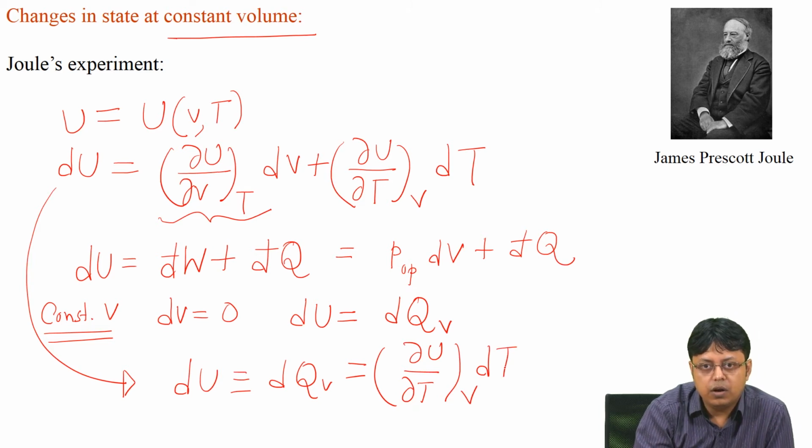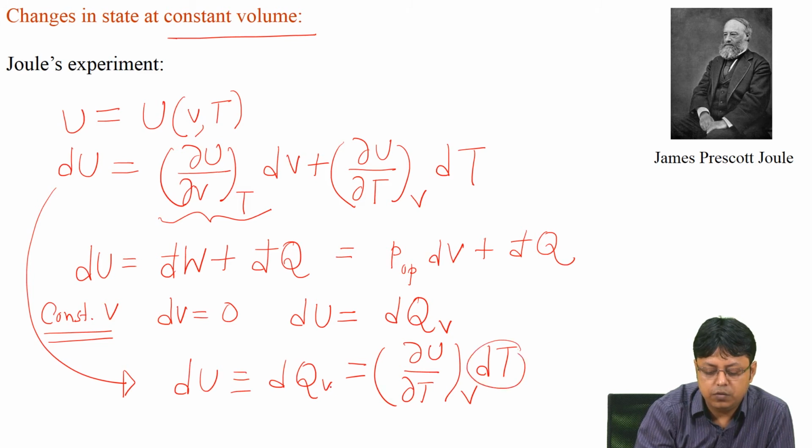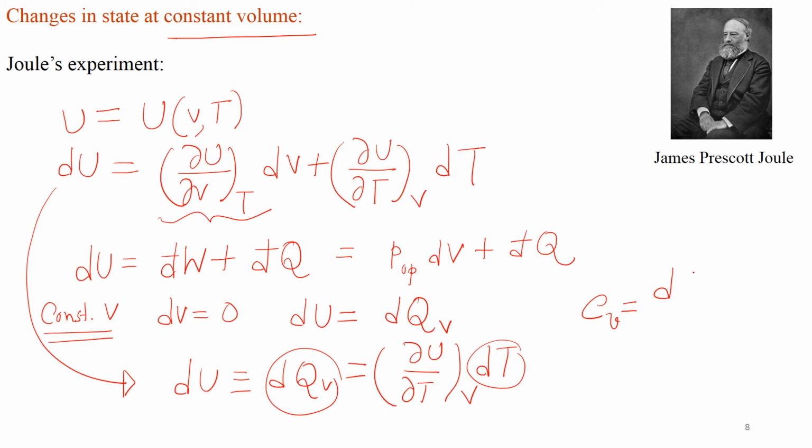Now, we got a very interesting situation. If we divide đQ_V by dT, we get the heat capacity at constant volume, because remember that is the definition of heat capacity: how much heat is exchanged if we raise the temperature by, say, 1 degree at constant volume.